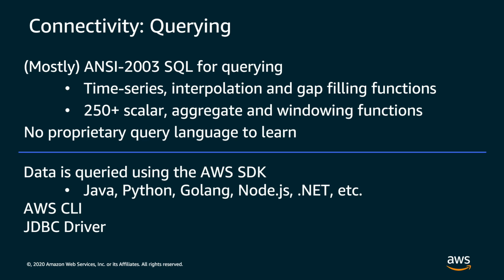On the query side of things, we mostly support ANSI SQL 2003 for the querying. The one piece that's not there is table joins. So we do support table joins, but only to the same table. You can't join across from one table to another table.